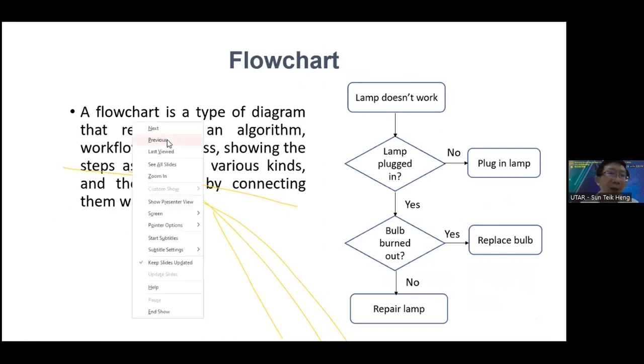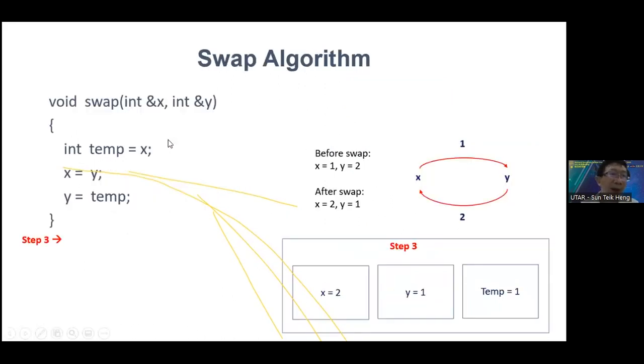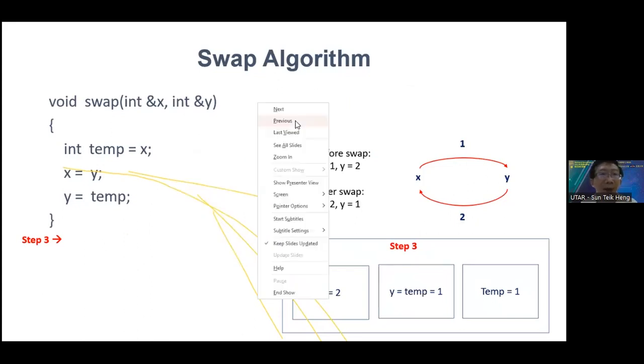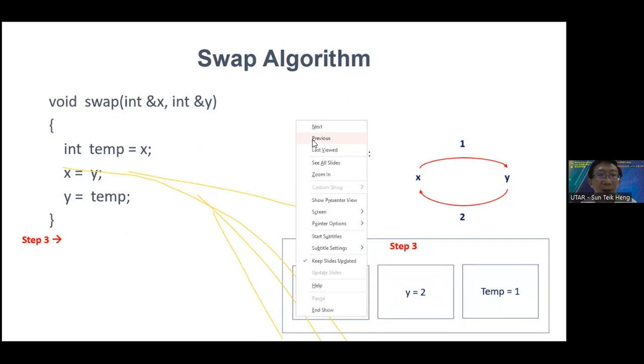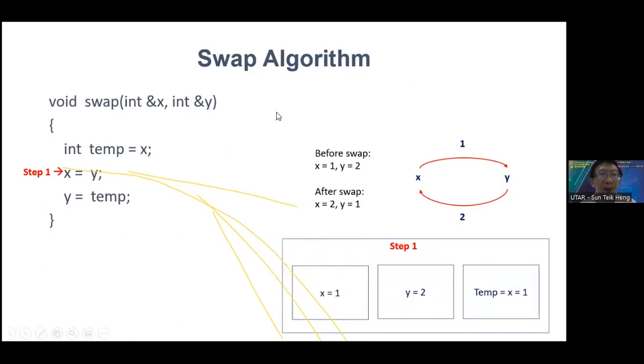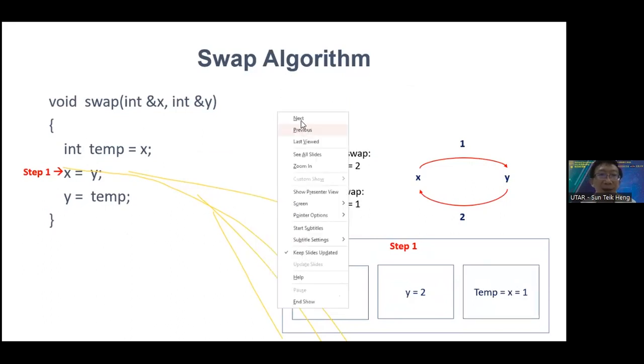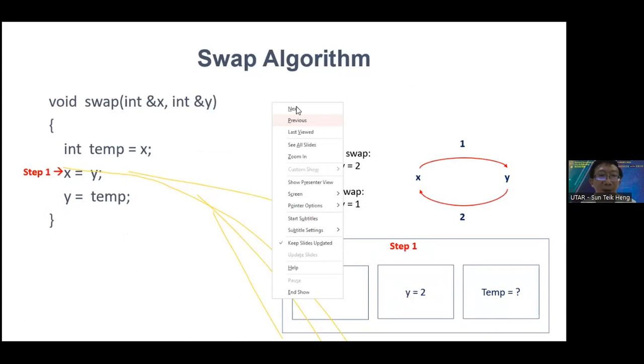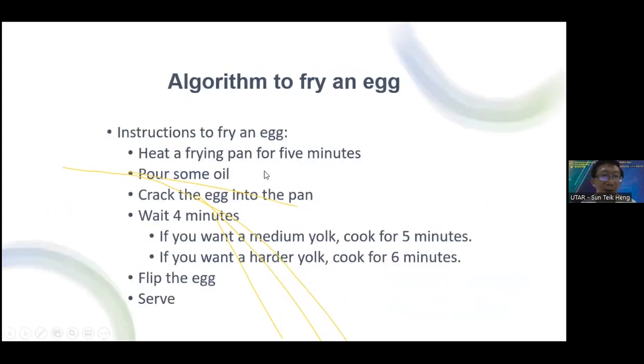Now, if you are writing, you can have the algorithm. But the algorithm is still a bit difficult to understand because it basically involves wordings. Let me go back to the algorithm. You see, it's all wordings, right?